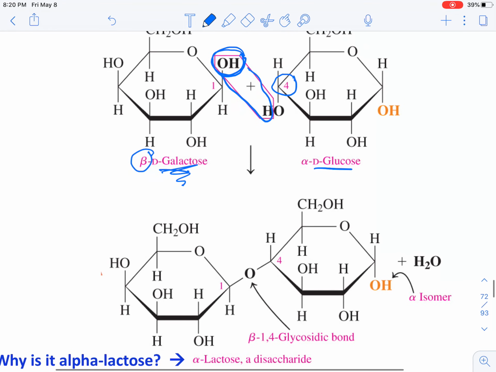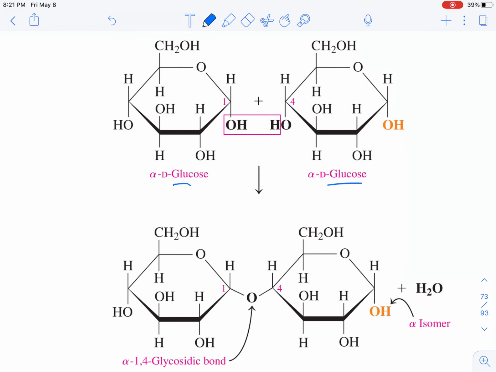Okay. And so if you guys are looking at this example, here we have glucose and glucose. Remember, if you have two glucose units covalently bonded together, then what you have is maltose.